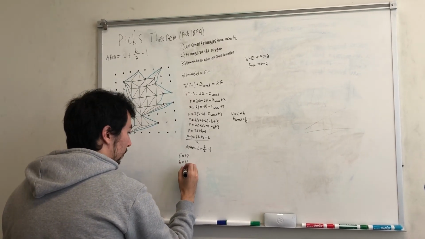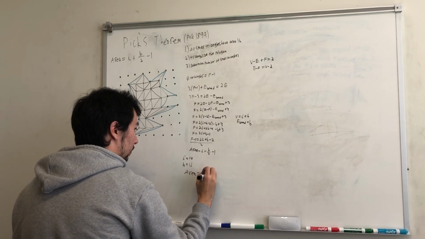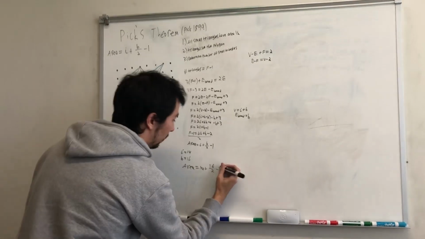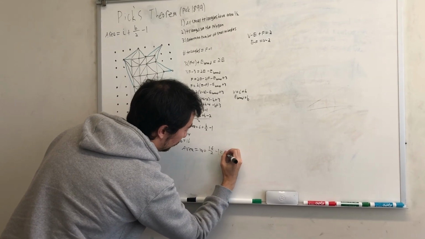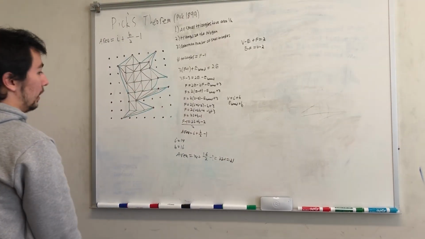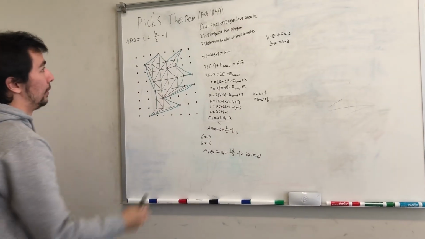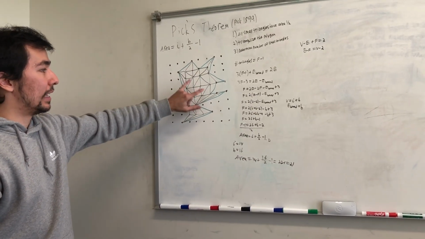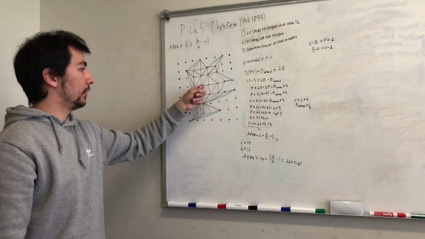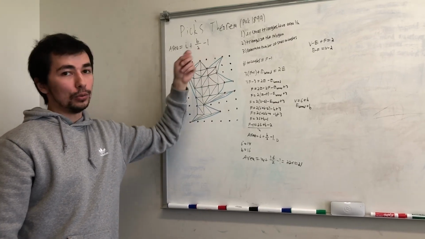So we'd have the area is equal to 14 plus 16 over 2 minus 1, which would be 22 minus 1, or 21. And so here is where the proof stops, and we have proved Pick's theorem: the area of any n-sided polygon is equal to the number of interior lattice points plus the boundary lattice points divided by 2, minus 1.